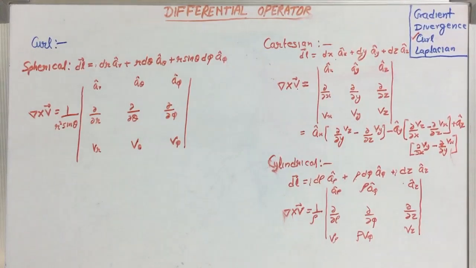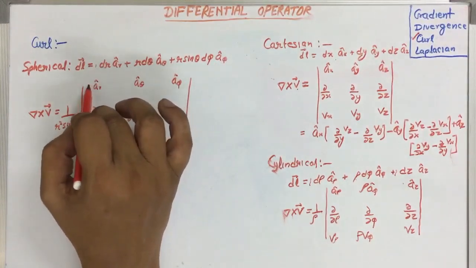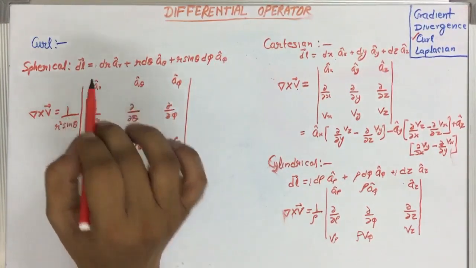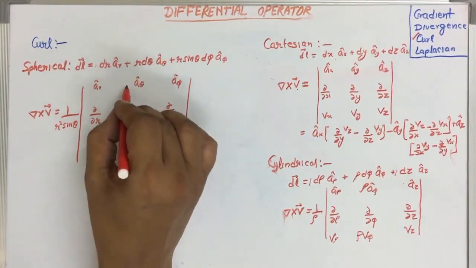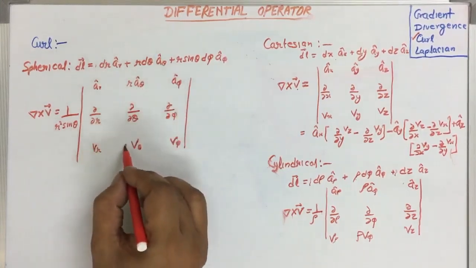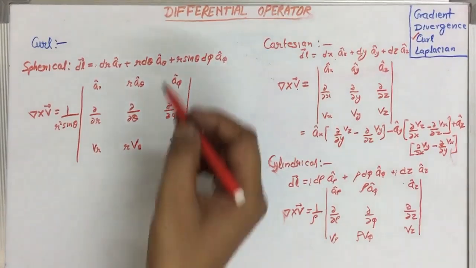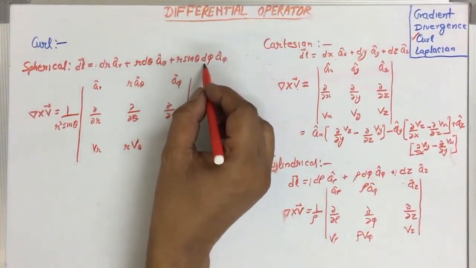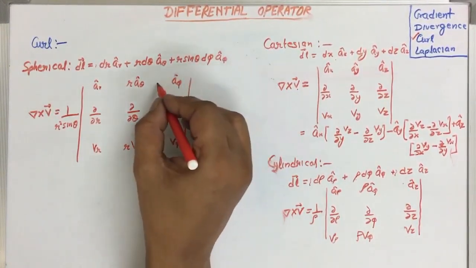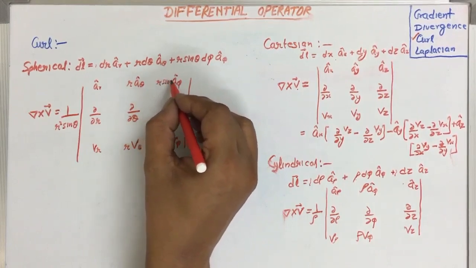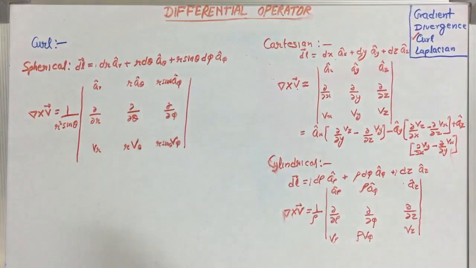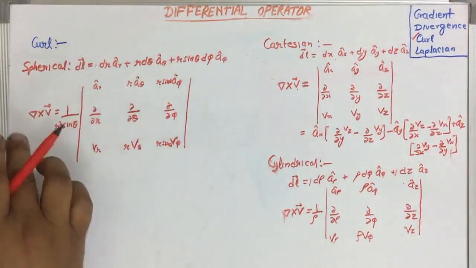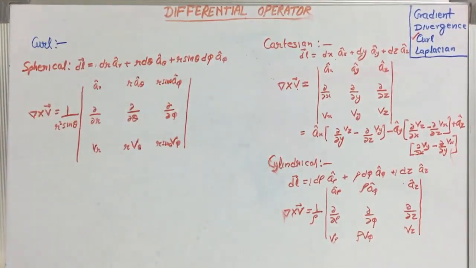Now here the coefficient is 1, so no need to write anything here and here. The coefficient is r, so just write r here and r here. The coefficient of this is r sine theta, so write r sine theta here and r sine theta here. In this way, the determinant of this will give you the curl of the vector field V in that direction.